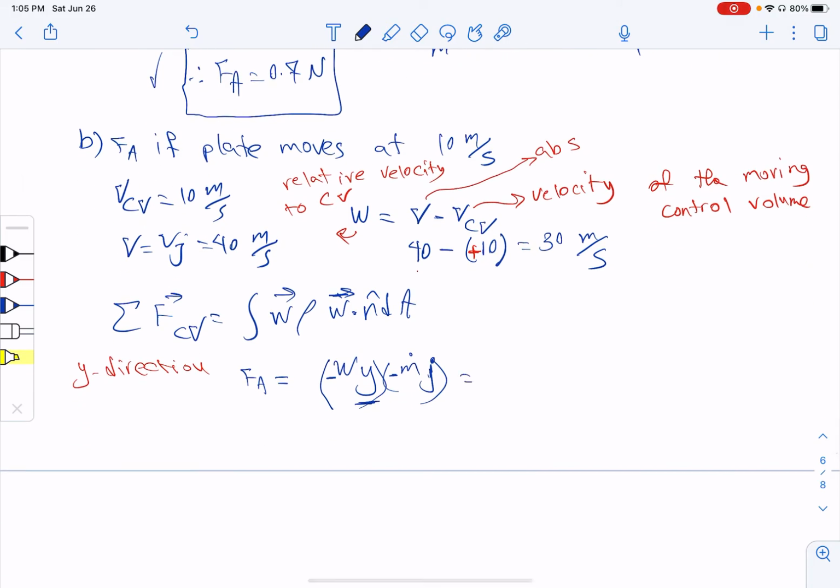So WY is going to be W times cosine 60 degrees, and then M dot J is going to be rho WAJ, right?